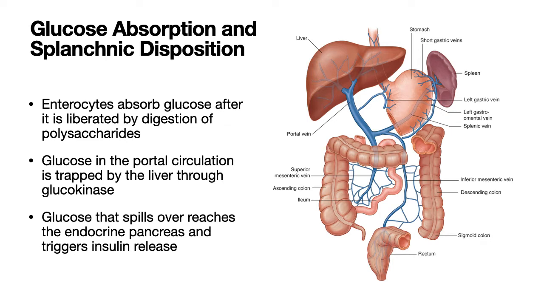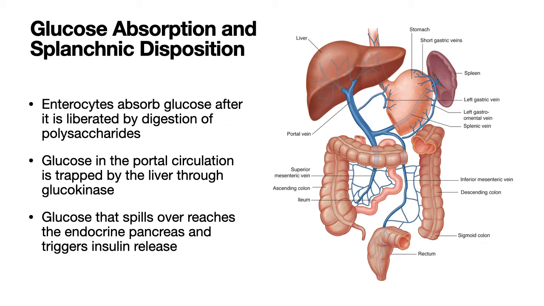The individual glucose units will then encounter the small intestinal cell, by which it is absorbed. Glucose from the small intestinal cell will then leave the cell and enter the venous drainage of the small intestines. That is illustrated here in the image on the right.